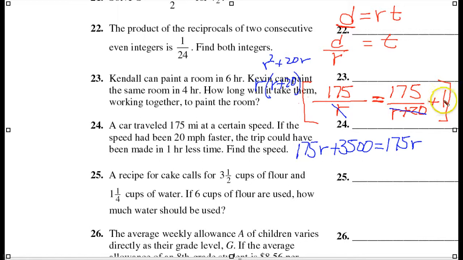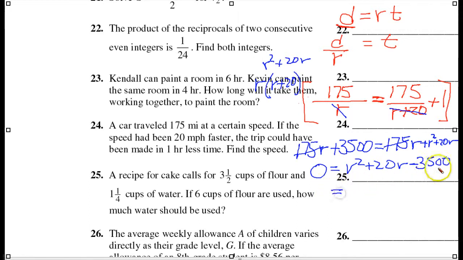So multiplying 1 by this, I get r squared plus 20r. Now, these just cancel out. I want to keep everything positive, so I'm going to put a 0 on this side and transpose to this side, so I get 0 equals r squared plus 20r minus 3,500.